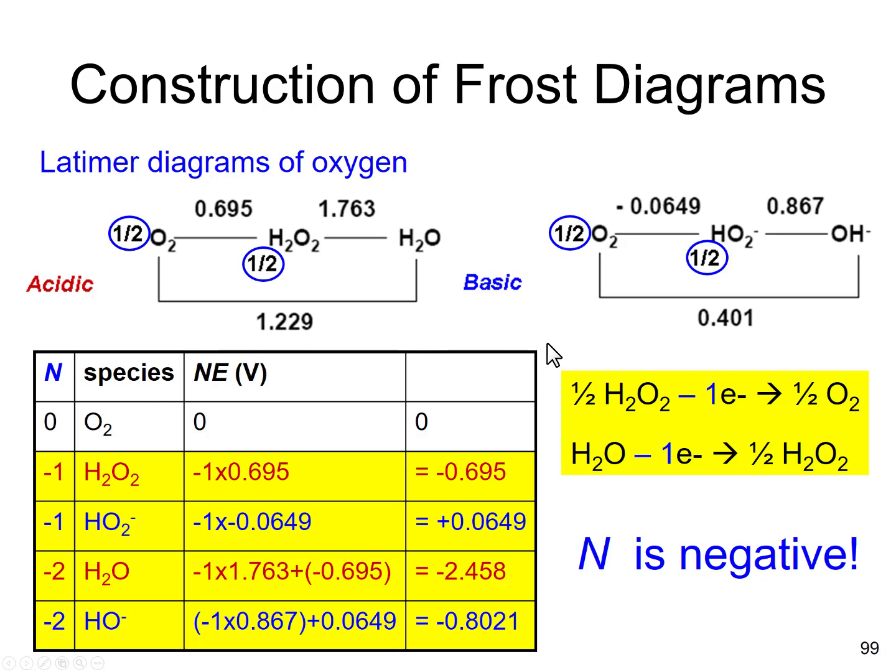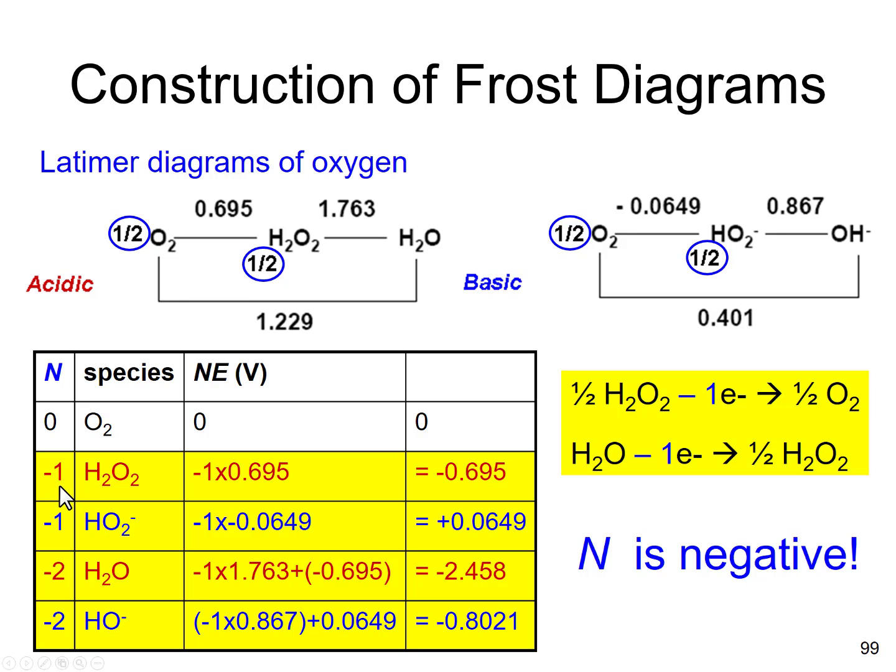So the best way to do that is just to populate this table, and you start with the element in oxidation state 0. That is our dioxygen species. And obviously when the oxidation state is 0, then oxidation state multiplied by the redox potential is also 0, and that gives rise to a total value of 0.